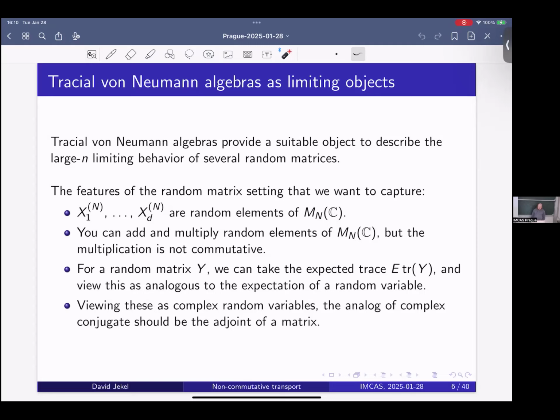And if you think of them as analogous to complex random variables, the analog of complex conjugation should be taking the adjoint. Because, for instance, if you had a normal operator and you diagonalized it, taking the complex conjugate of the eigenvalues would correspond to taking the adjoint.